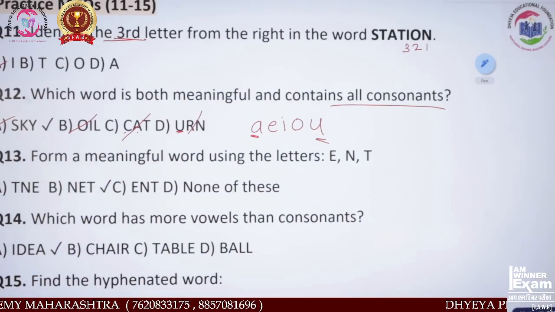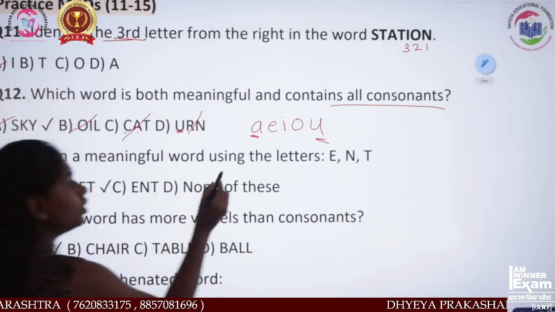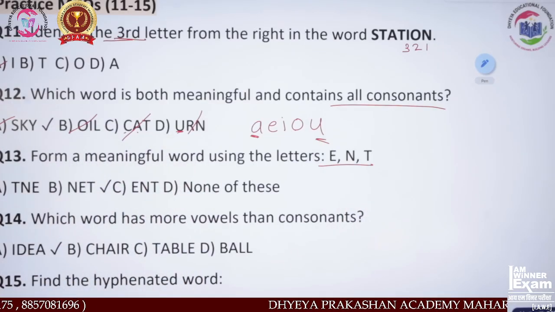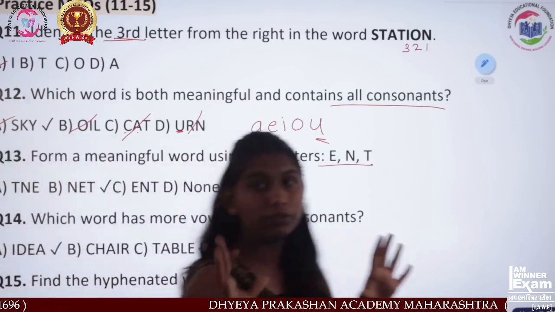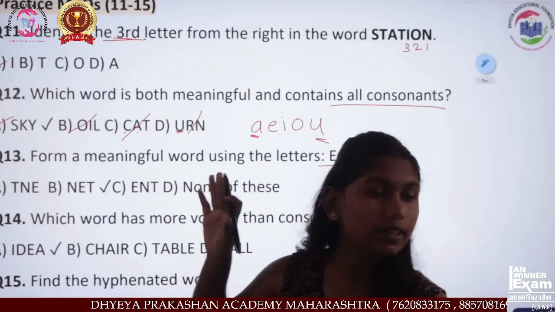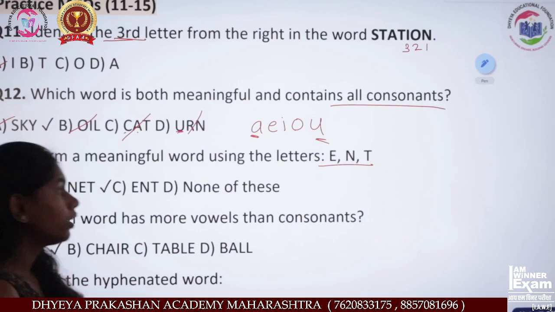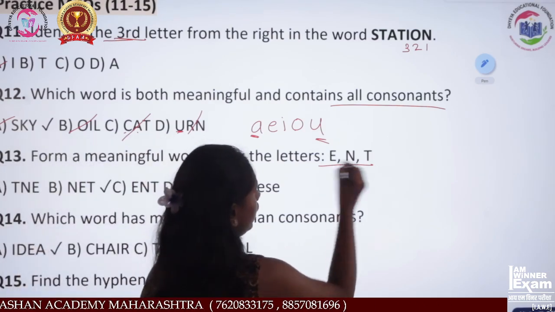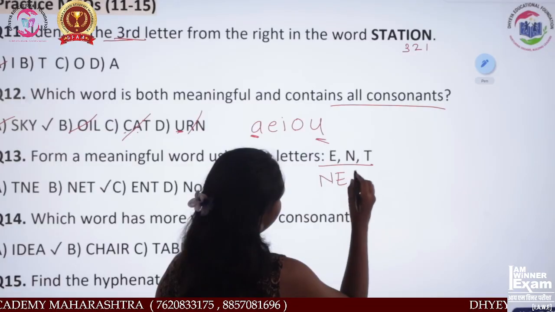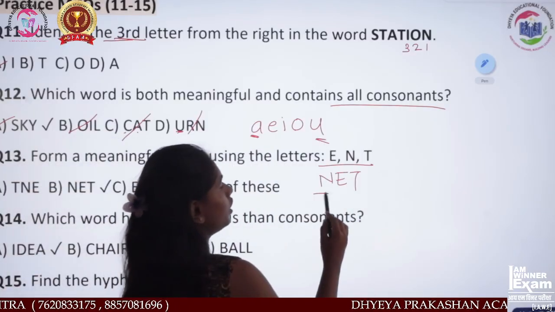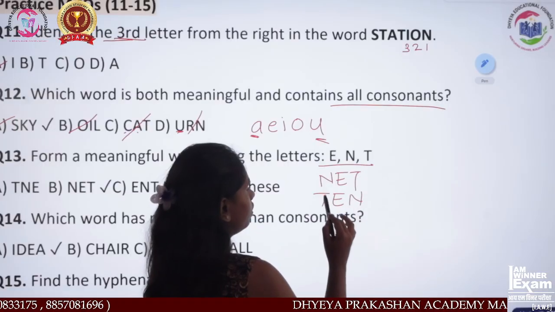Okay. Then next, form a meaningful word using the letters ENT. It means we have to form a new word from the letters ENT. Now we have to arrange these letters, mix them in such a way that we get some new word. So from ENT, the first word we can form is net. Then TEN, ten.